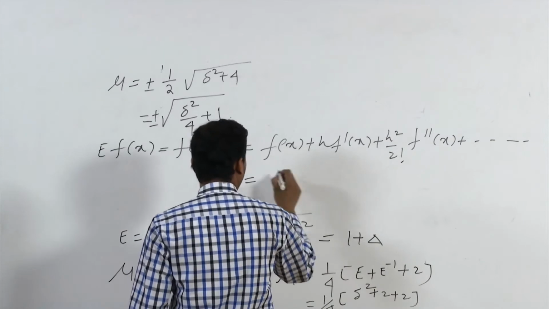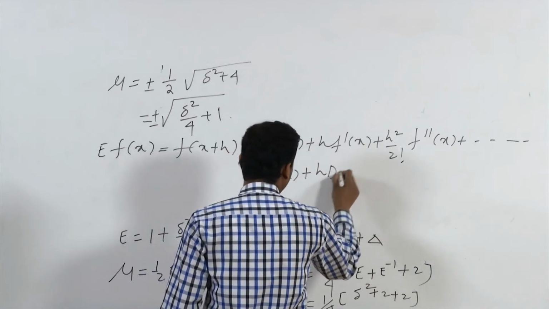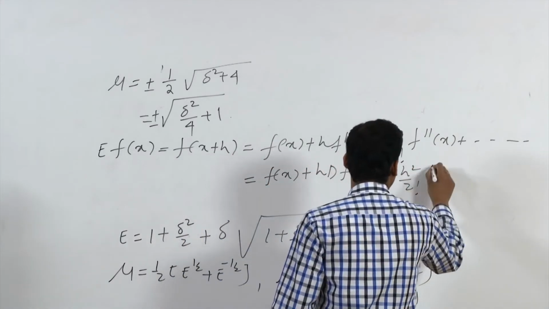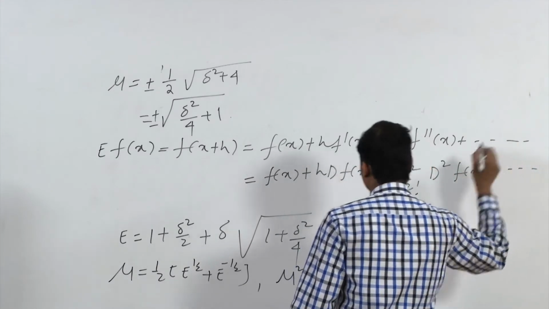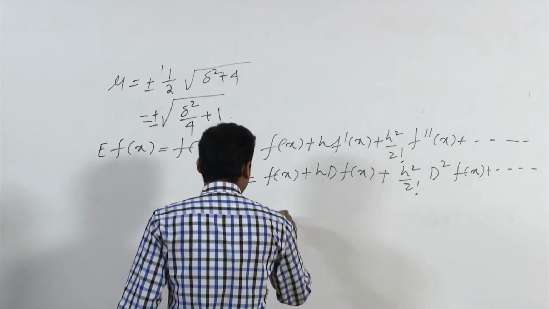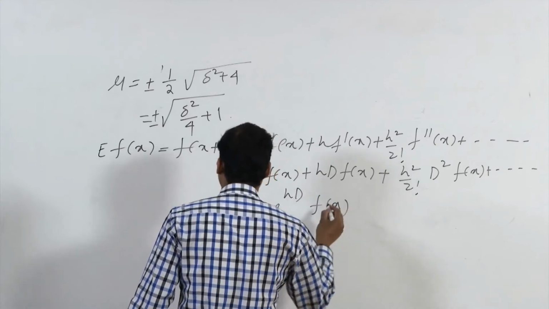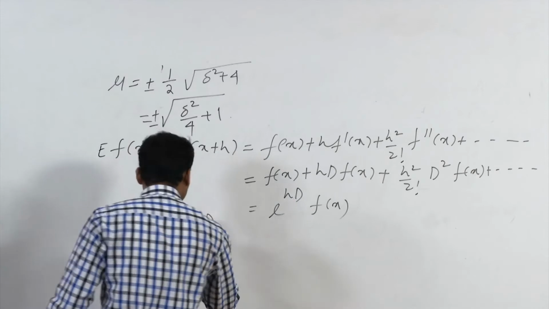Since f dash x is written as h D of f of x, and h square by 2 factorial D square of f of x, we can express this as e raised to h D operated on f of x. So directly we can write E as e to the power h D.